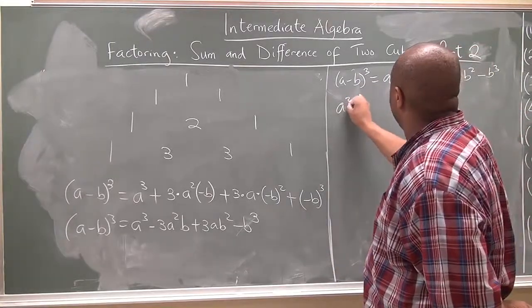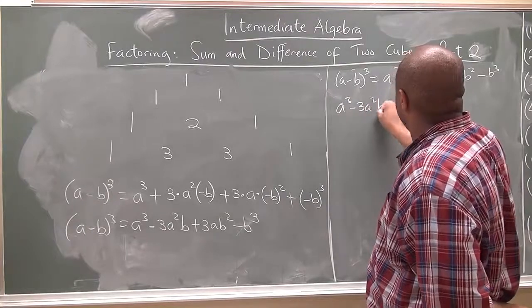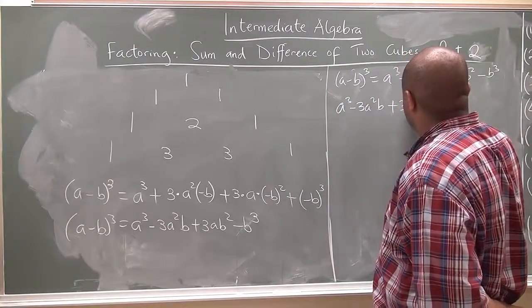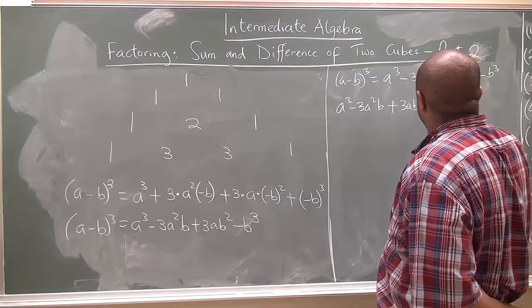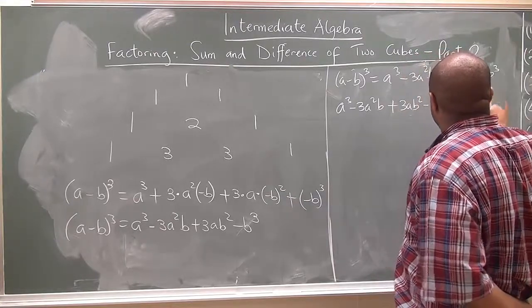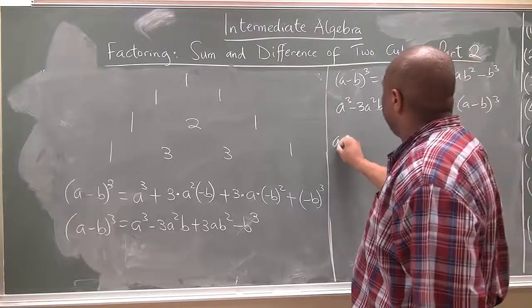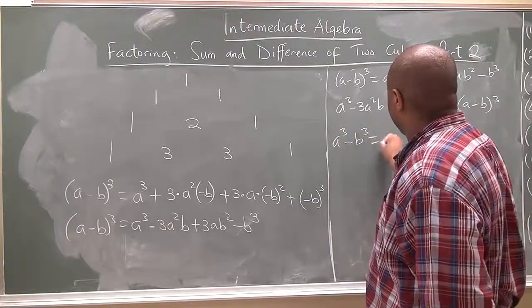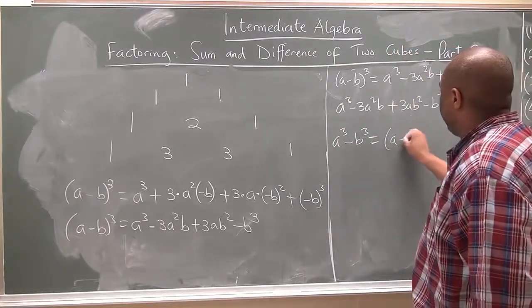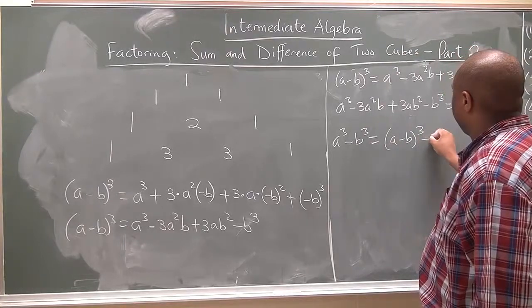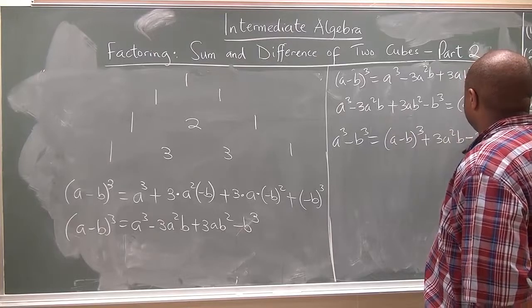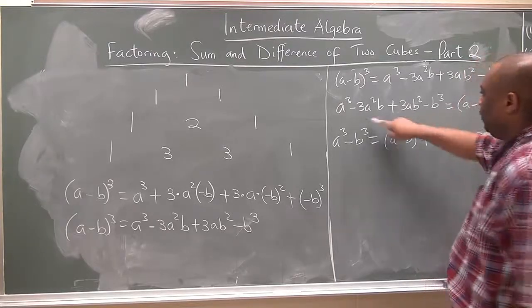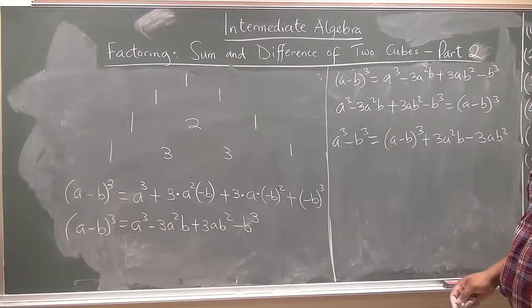So we have that a cubed minus 3a squared b plus 3ab squared minus b cubed is equal to a minus b all cubed. So we have that a cubed minus b cubed will be a minus b all cubed plus 3a squared b minus 3ab squared. If you move this over, it changes the sign, okay?